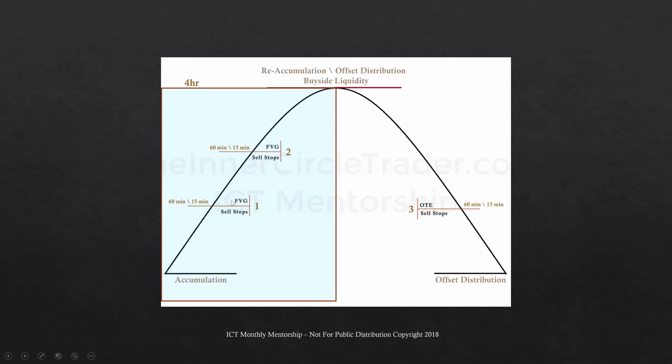If we see that we're in this area here, and say we started the move in London, and we haven't met where we anticipate stage 2 reaccumulation, we can look for New York to create a continuation to take us up into this area here, and we can leave a piece on to get it exited at terminus here. So we can start doing our time of day trades, which is like New York.